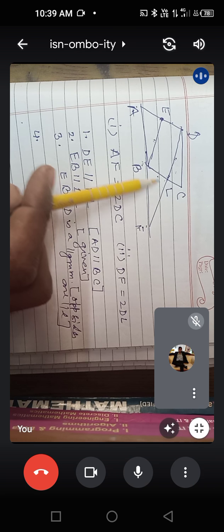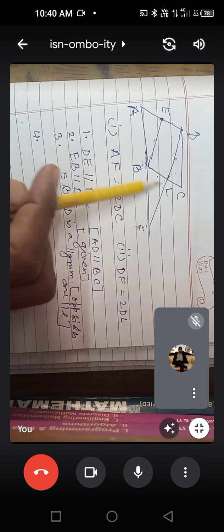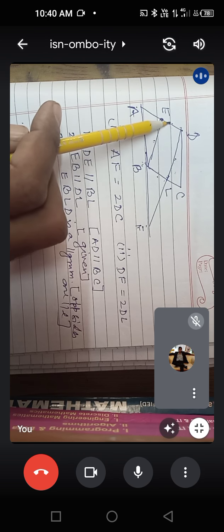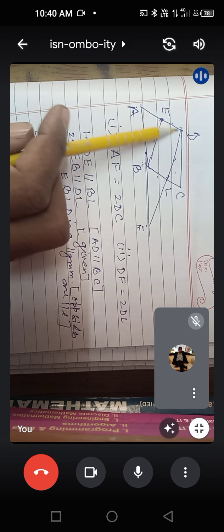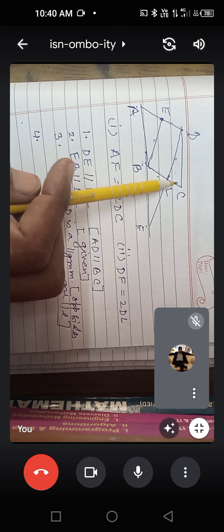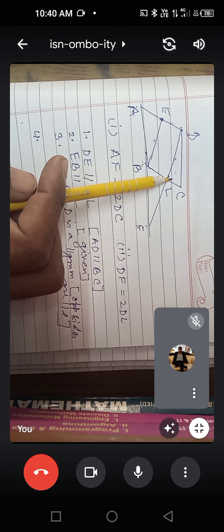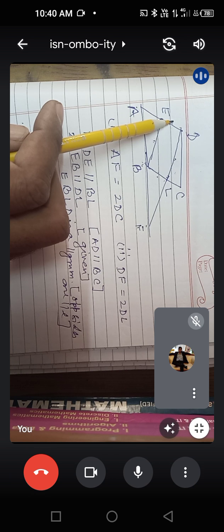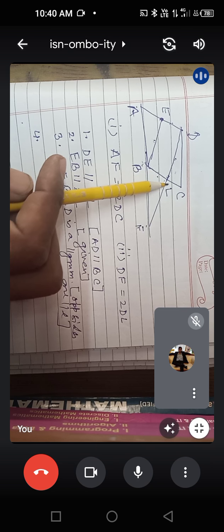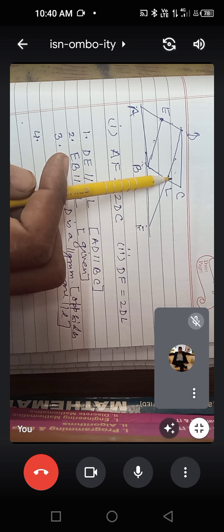BL is equal to what? It is a parallelogram, so this side is equal to this side, and this is equal to half of AD. So this is half of AD. This side is equal to this side, so this is equal to half of AD. If this is half of AD, the remaining is this, because opposite sides are equal.